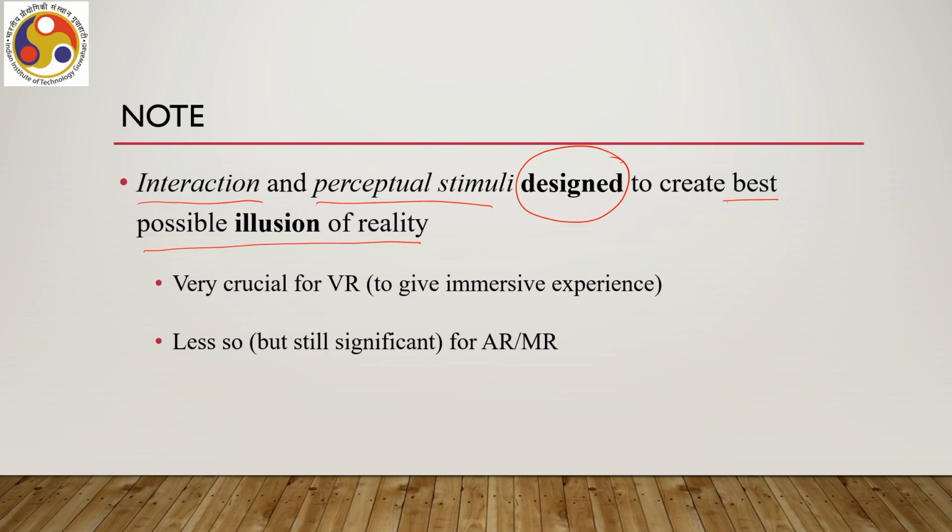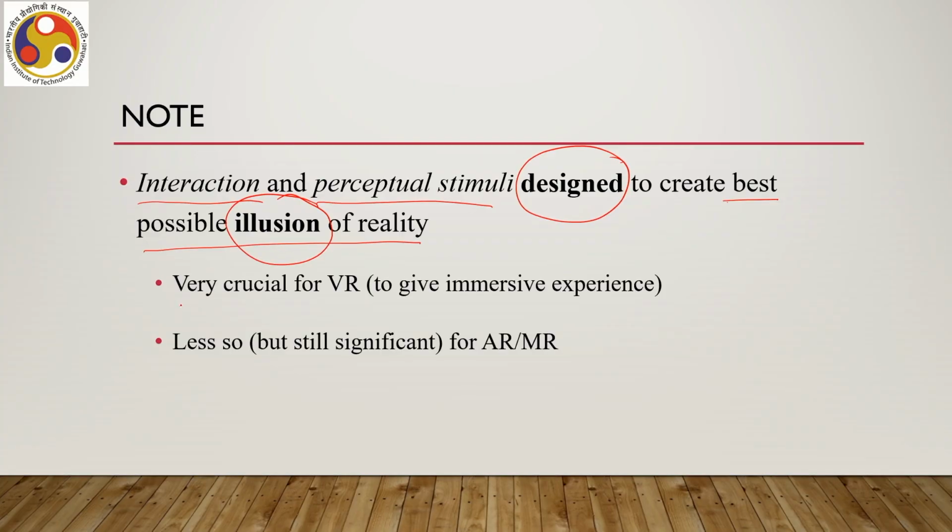When I say it enhances presence, what I mean is that it gives us a sense of reality, as if we are in the real world. So, the interaction and perceptual stimuli are supposed to be designed to create that best possible illusion of reality. It is not reality, but we are creating an illusion of reality.